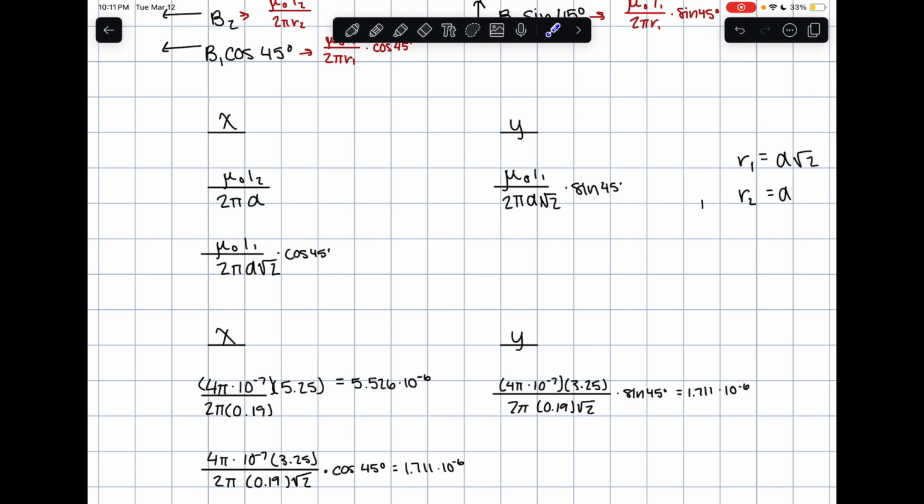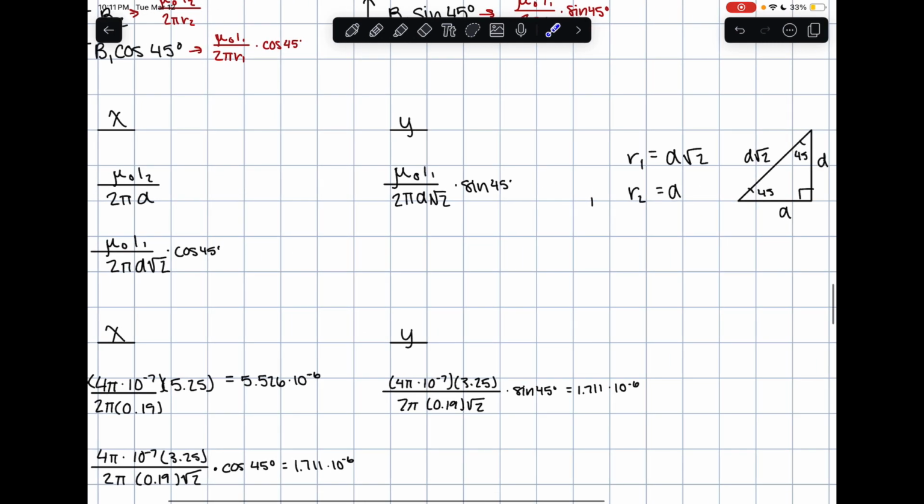And then we can do that with the second equation. Once again, plugging in the constant, the given current of I1, which is 3.25, and then over 2 pi times the distance, 0.19 meters, times root 2, multiplied by the cosine of 45 degrees, and we get 1.711 times 10 to the negative 6.